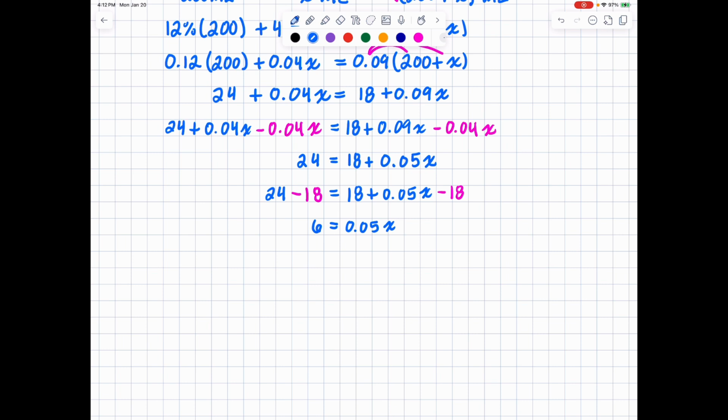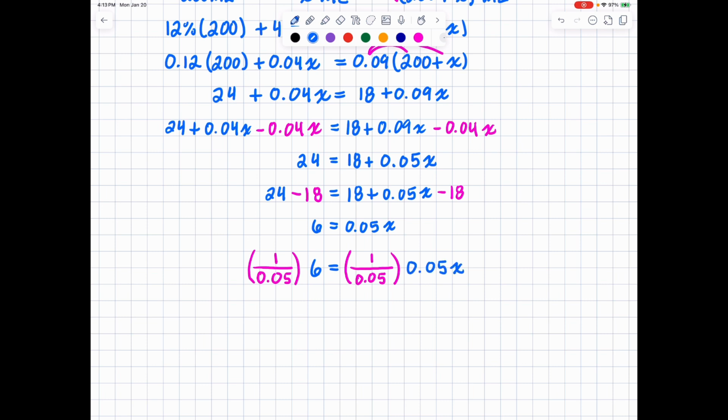So on this left-hand side here, I'm going to multiply by 1 over 0.05 times 6 equals, again, whatever you do to the left, you have to do to the right, 1 over 0.05 times 0.05x.